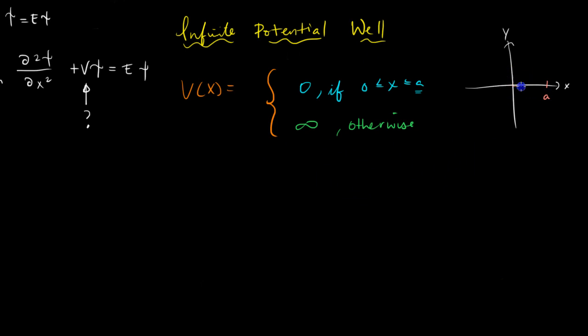So it's 0 over here, and this is, of course, the origin. And then it shoots up to infinity otherwise. It shoots up like a rocket to infinity if it's not from 0 to a. So from here it's 0, and from everywhere else it shoots up to infinity.